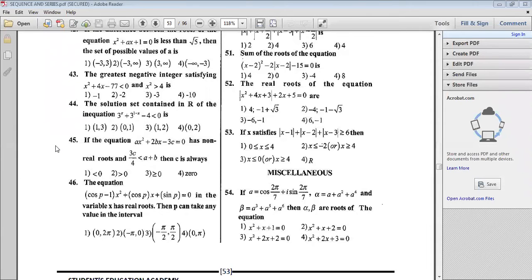So the problem is ax square plus 2bx minus 3c is equal to 0 has no real roots, and they have given that 3c by 4 is less than a plus b. Then c is always.